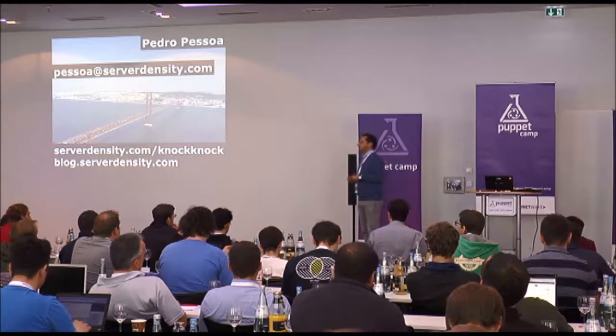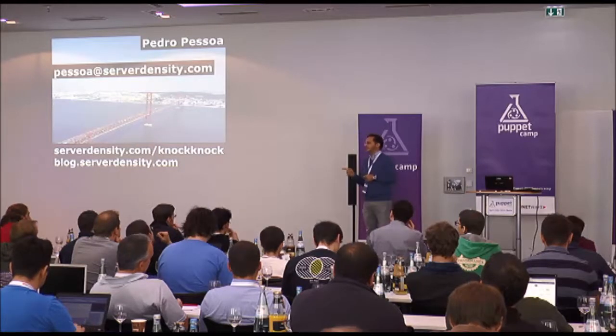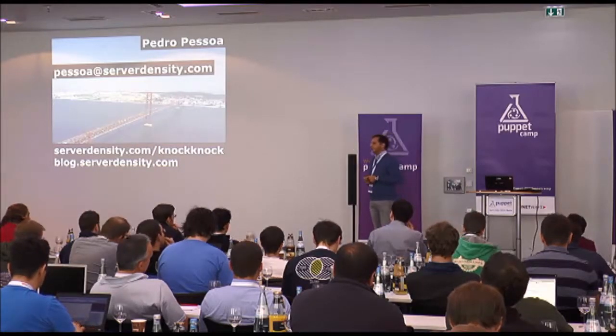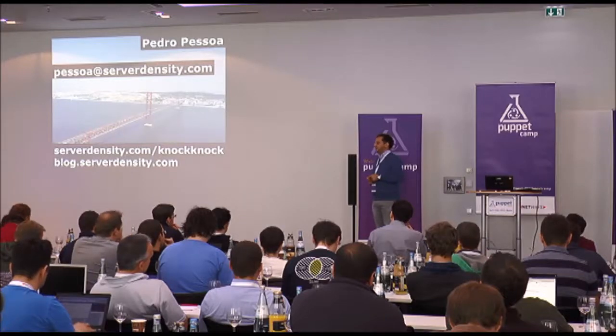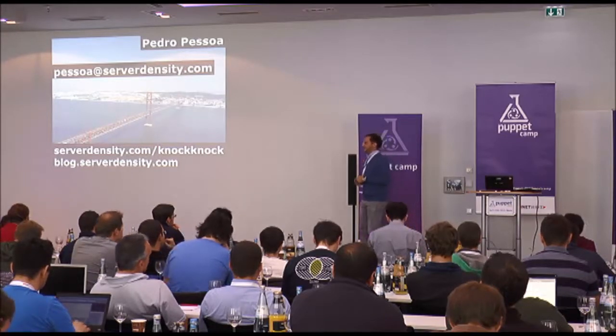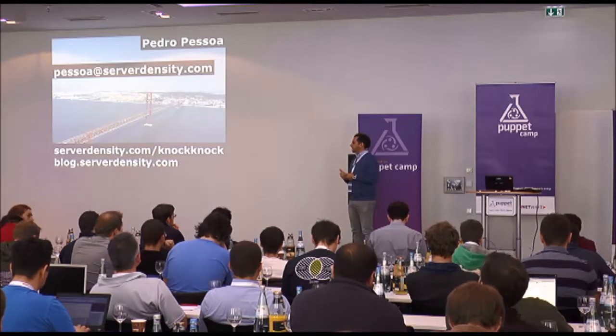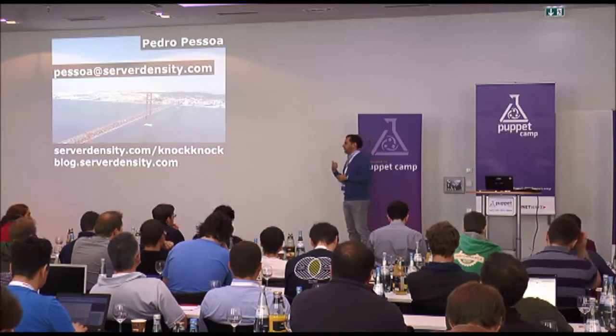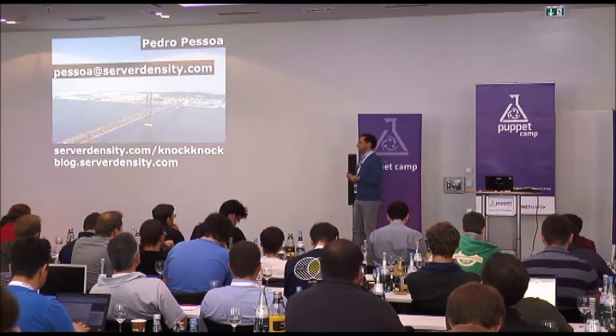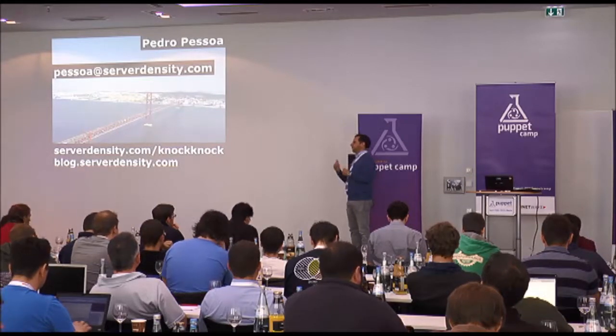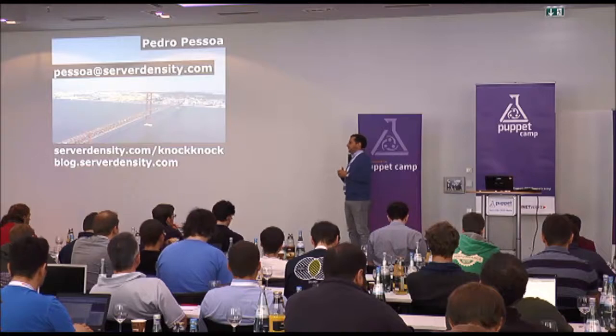Actually, we didn't. The question was, why didn't we choose to extend MCollective and write an MCollective plugin? We didn't do that because the custom package provider comes before we use MCollective.